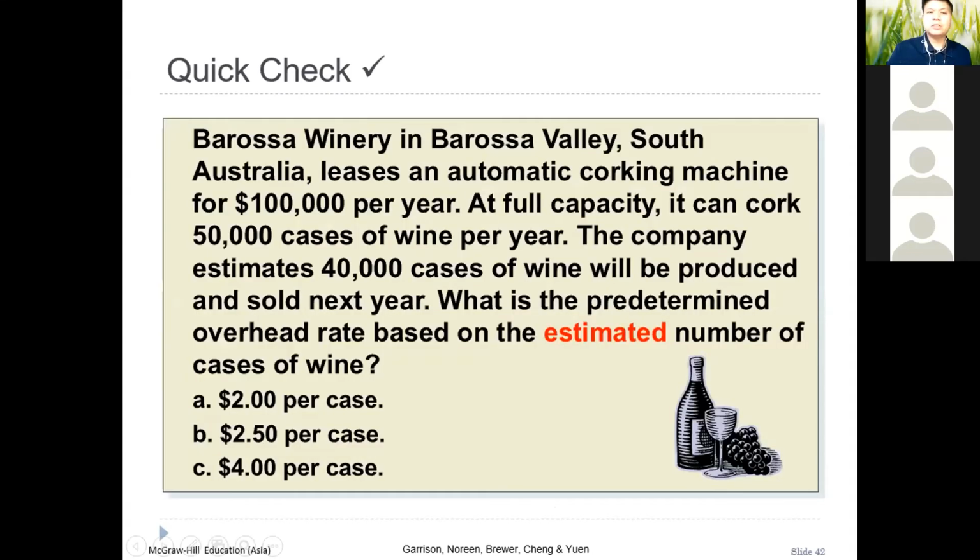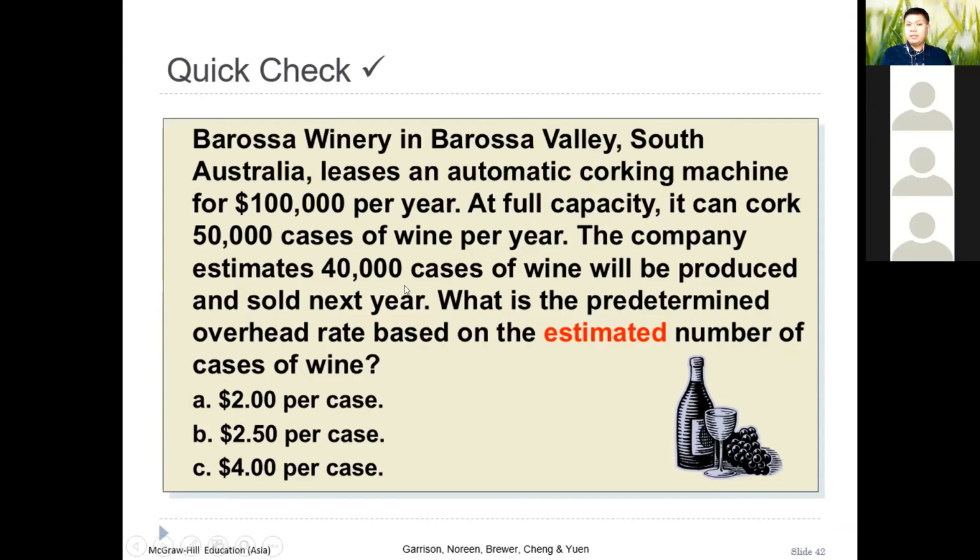Okay, so let us have a quick check. Barossa Winery in Barossa Valley. Oh, there's Barossa pala in other countries. This is an automatic corking machine for $100,000 per year. At full capacity, it can cork 50,000 cases of wine per year.